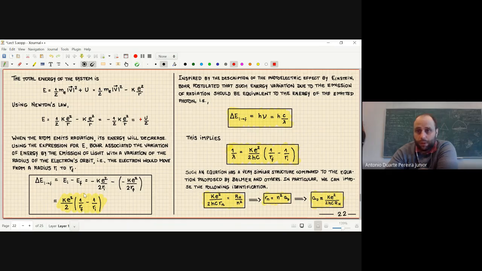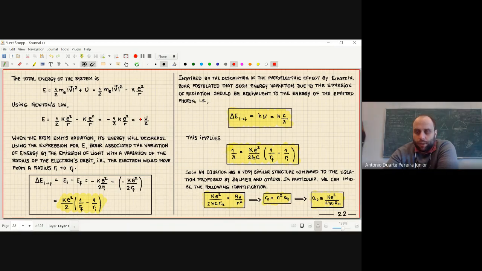This is just a simple calculation. You just take this expression evaluated at Ri, this expression evaluated at Rf, subtract one from the other, and you obtain this.